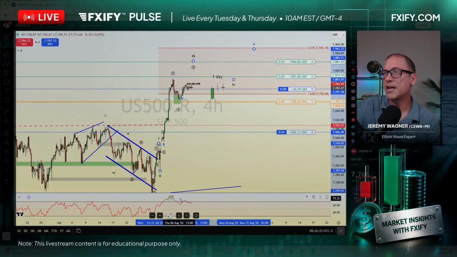As you can tell, it's not quite divergence, but if RSI was below its high while price is up here into new high territory, that would also be symptomatic that we are approaching the end of this 5 wave increase, but it would only be the 5 waves of the third wave. So we'd still have a 4th and a 5th to come. There's still more upside to be had here.